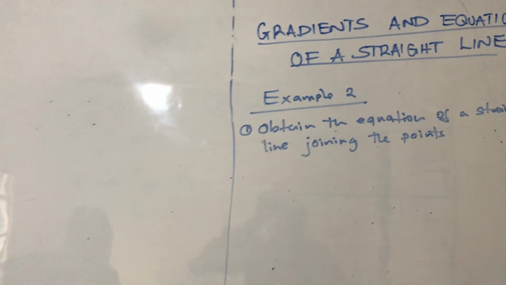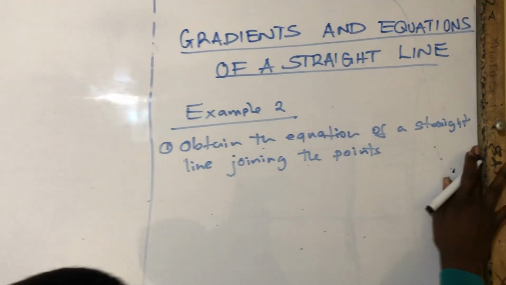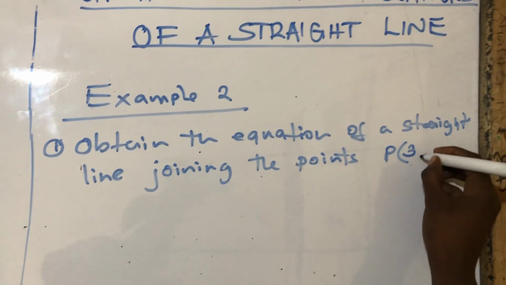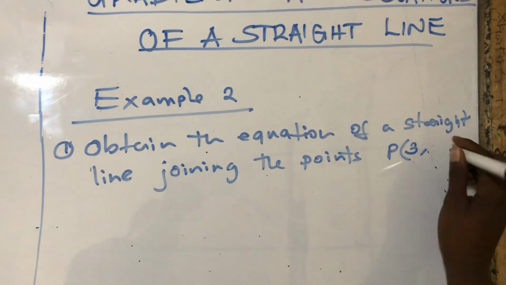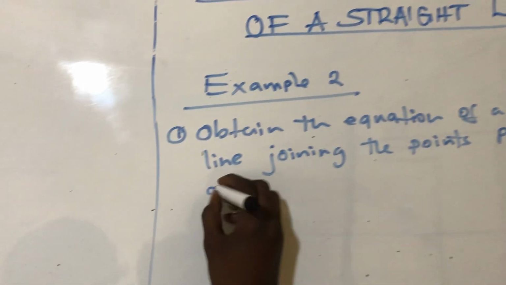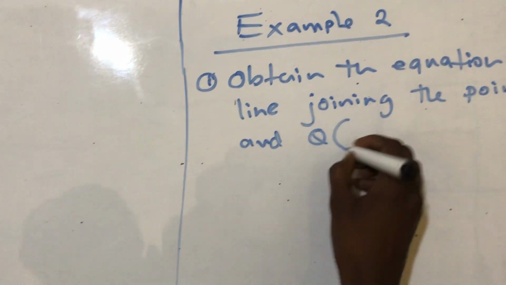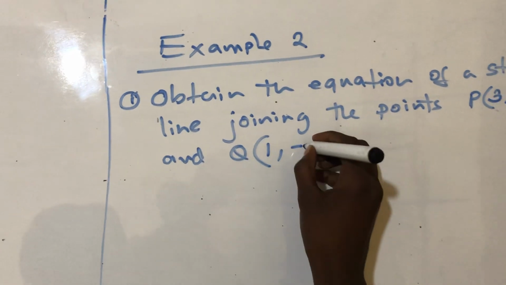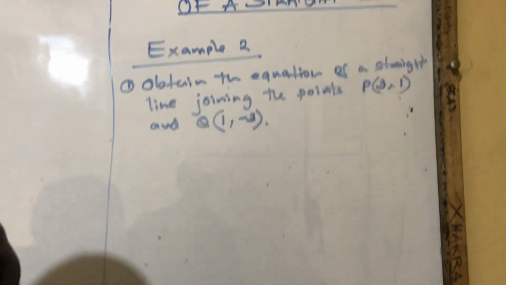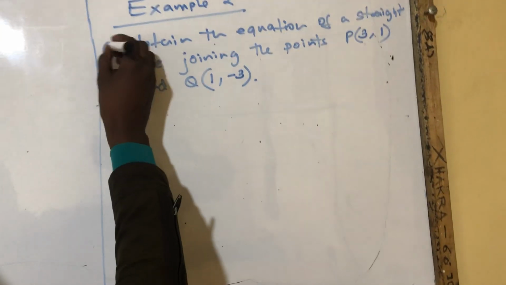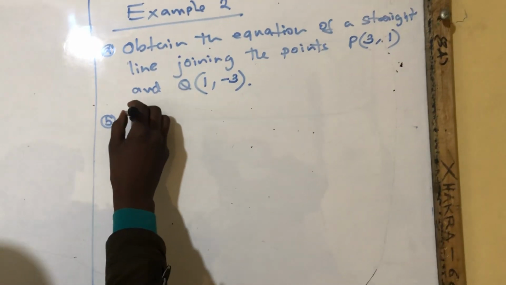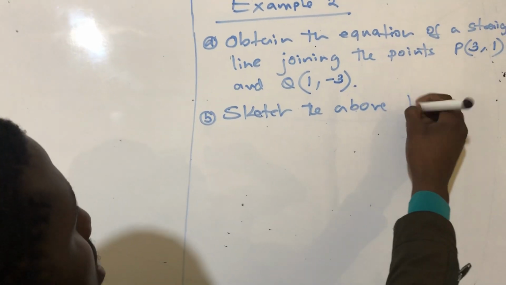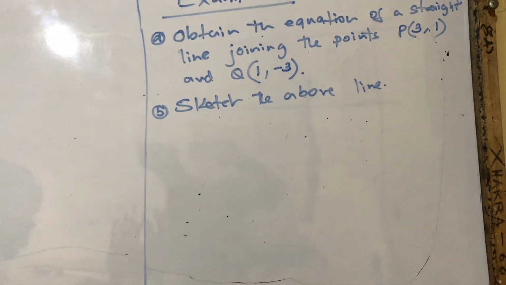Obtain the equation of a straight line joining the points P, (3, 1), and Q, (1, -3). Then in part B, I will again request you to sketch the above line.